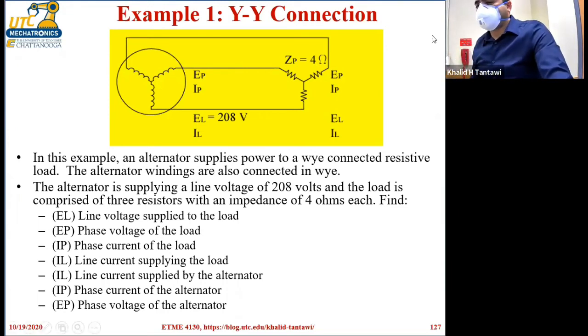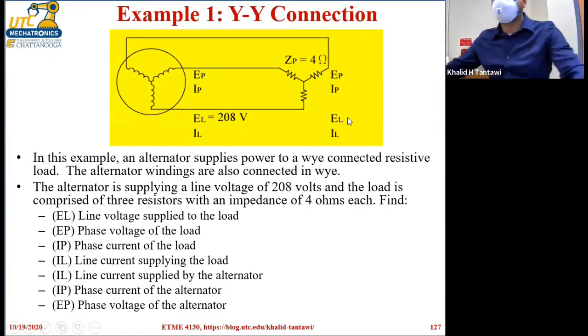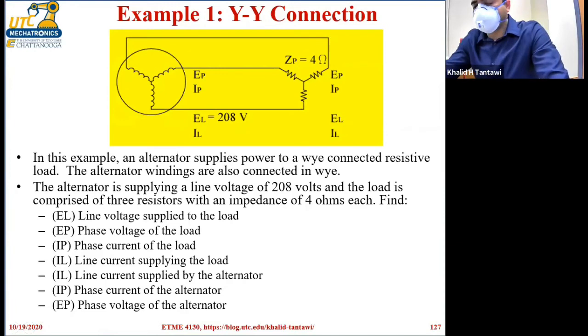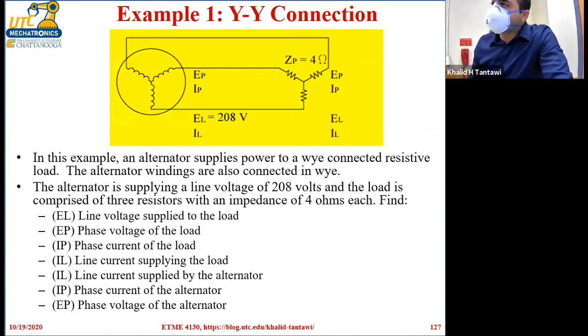Obviously, on the load side, the line voltage is going to be equal to the line voltage on the generator, right? Because if you measure between this point and this point, it's the same as measuring between this point and that point. It's the same thing. So what is E line here equal to? 208 volts. Okay, so the other one's 120. Exactly. Since the load is also connected in Y, the E phase here is going to be equal to 120.